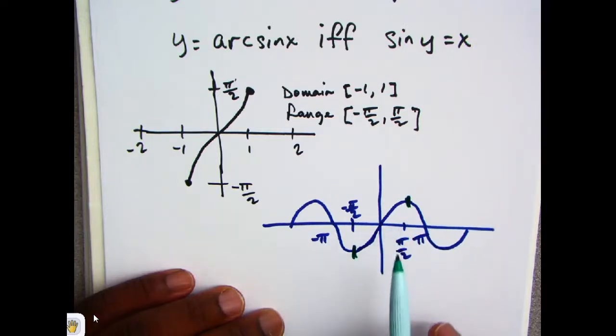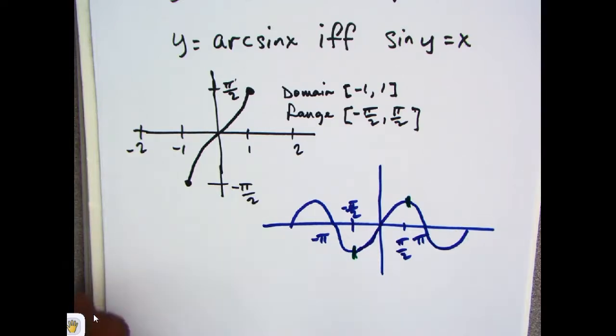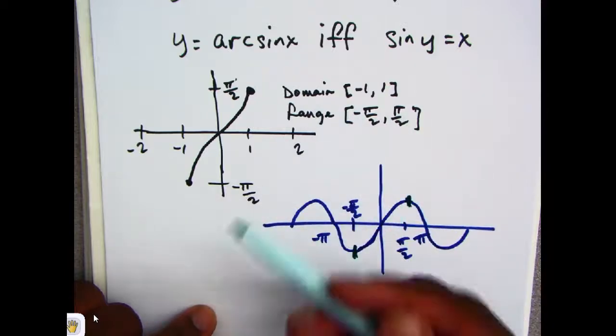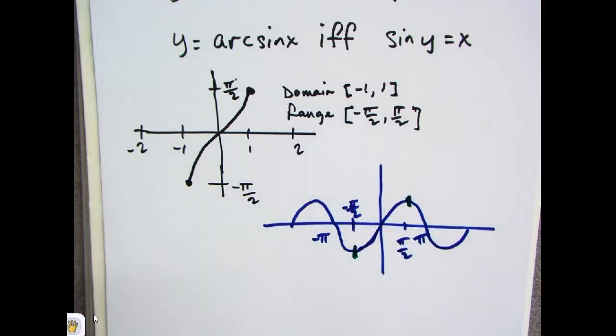So we're restricting on purpose the domain of our inverse sine, our arc sine, because we want to maintain function status. If we allowed our domain to expand outside of these borders, then this would no longer be a function. Okay? All right, so with that taken care of, how does this help us with differentiation?